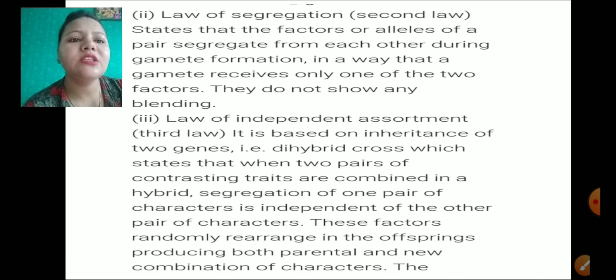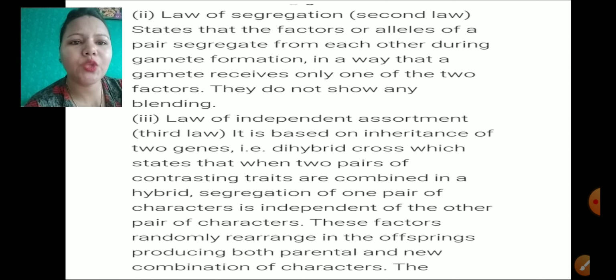Now the third one is the law of independent assortment. This law holds good for a dihybrid cross. It is based on the inheritance of two genes. What do you mean by a dihybrid cross? When we have the inheritance of two genes at a time, that is termed a dihybrid cross.